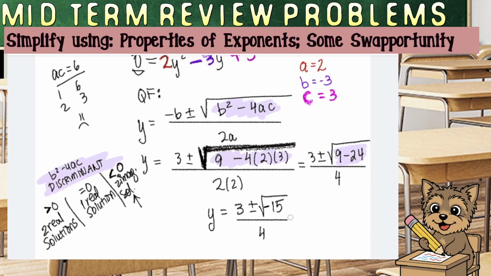And then if I clean it up just a hair more, 3 plus minus i root 15 all over 4. Again, the thing under the radical is called the discriminant.